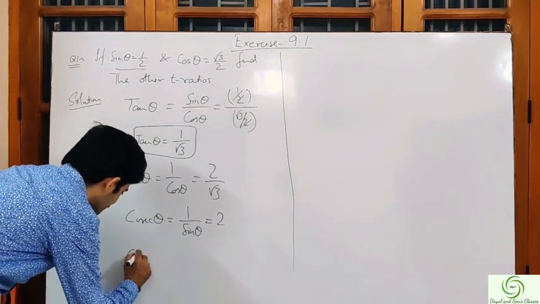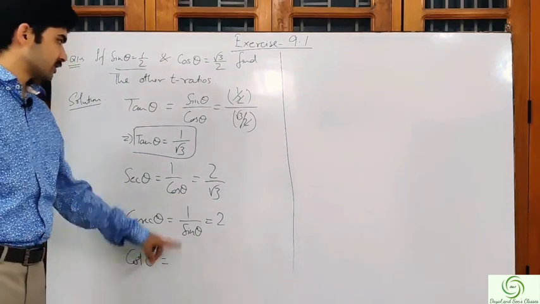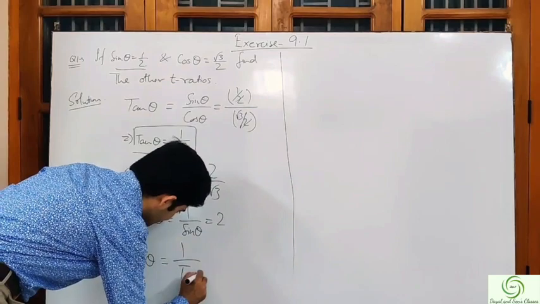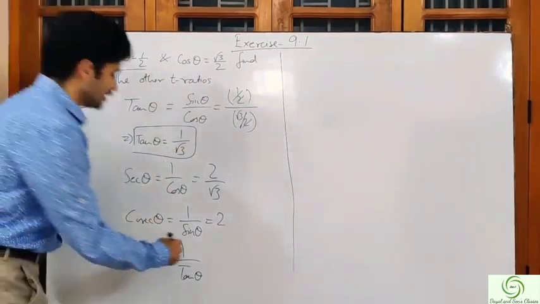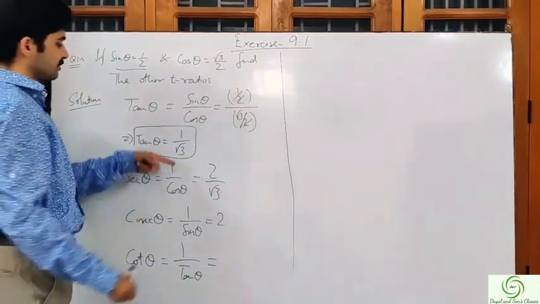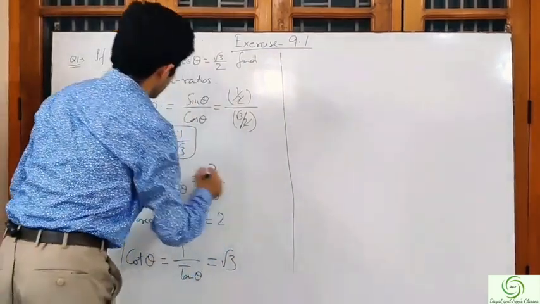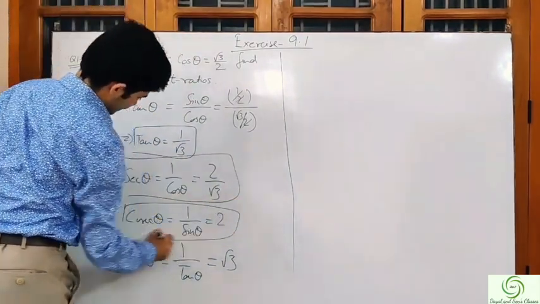Cot theta is equal to 1 upon tan theta. We know cot theta is equal to 1 upon tan theta, and tan theta we have calculated as 1 by root 3. So 1 upon tan theta will be root 3. So these are our required ratios.